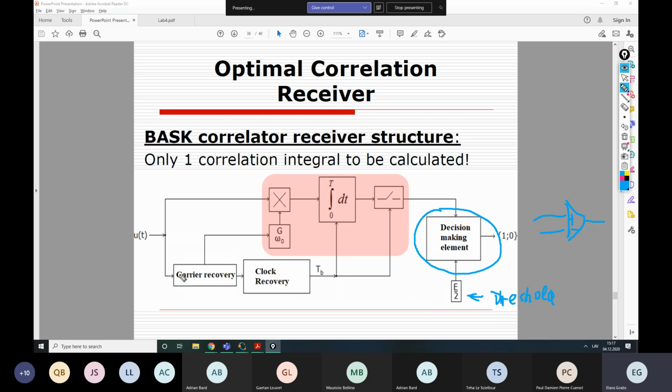Also, we need to recover the carrier signal. That temporal signal needs to be sent to the generator so that the generator knows when to start generating that signal correctly so that phases match.